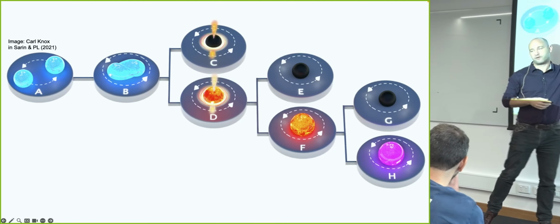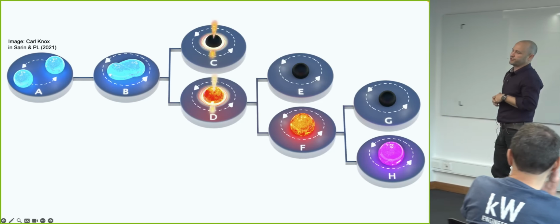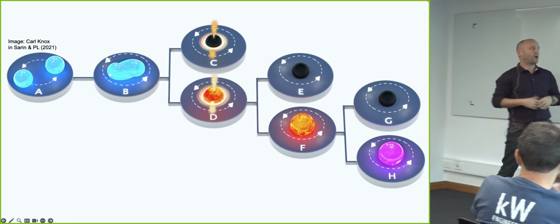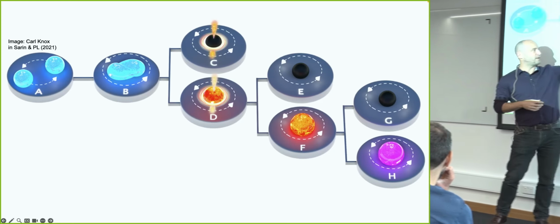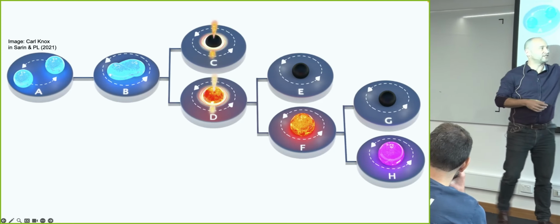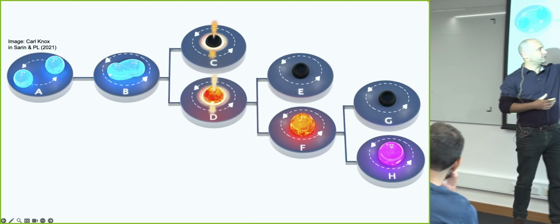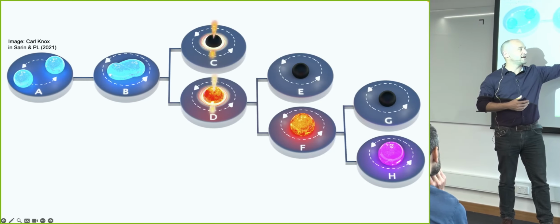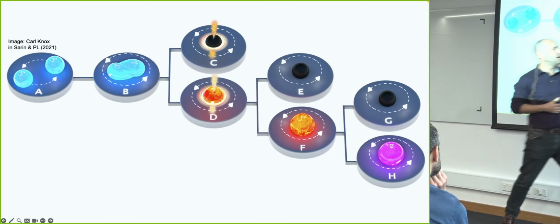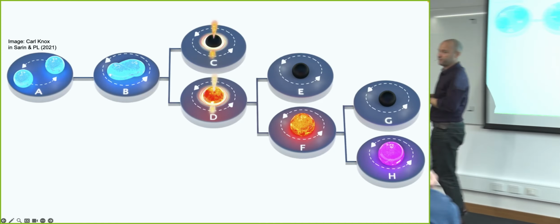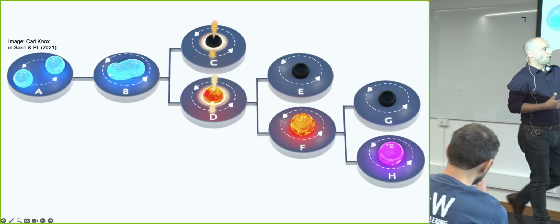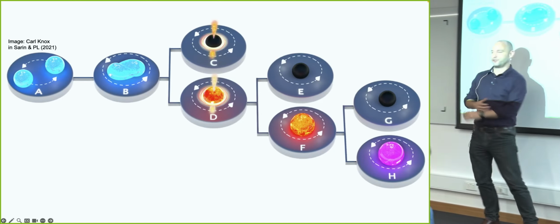Or you can actually create what's called a hypermassive or a supramassive neutron star that's left behind. Again, you may or may not be able to launch a jet out of that. That's a contentious point that I'm not going to get into today. But if this does happen to take place, then this thing can survive for a period of time before it eventually collapses to form a black hole, or it can settle down into a neutron star.